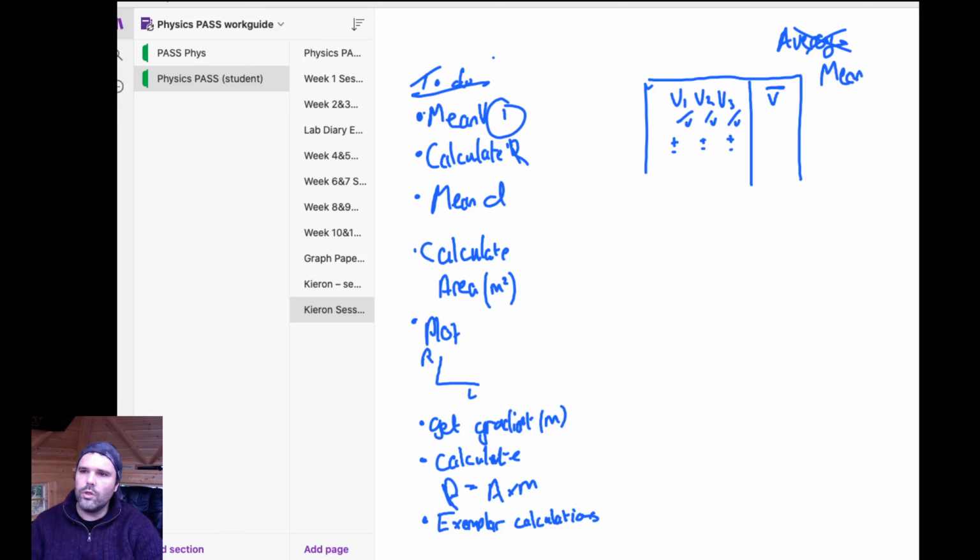Or use V bar, acceptable as notation for the mean. It also needs to have a unit. Okay, and it's in volts again. It does not need an error in the heading. Because what's going to happen is each of these is going to have its own error value, and we're going to worry about error values separately.